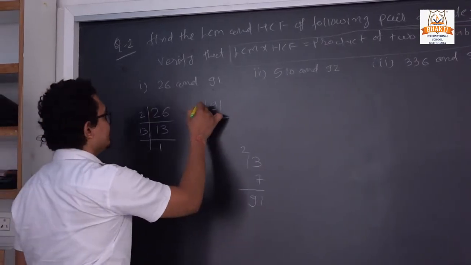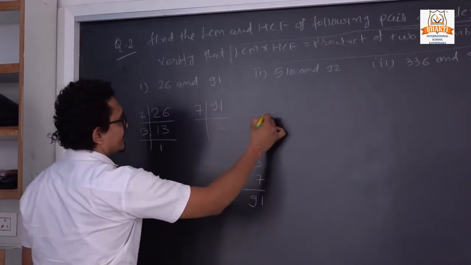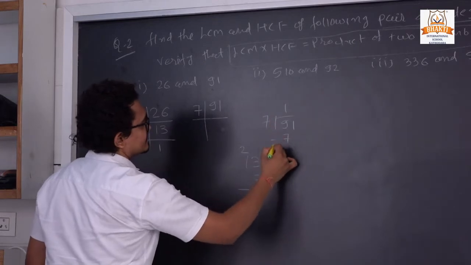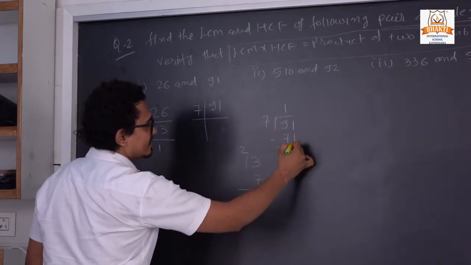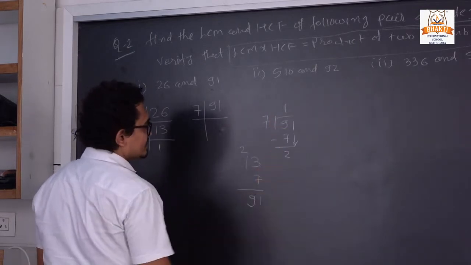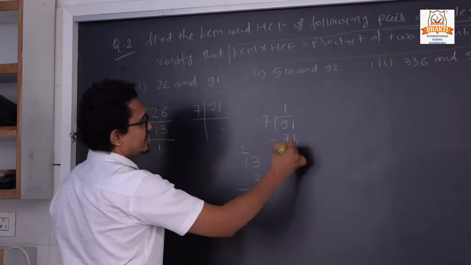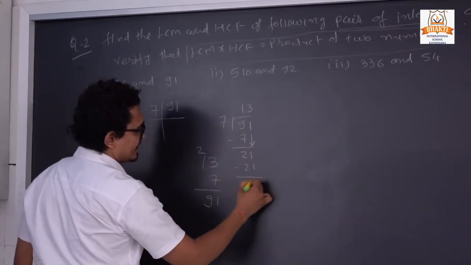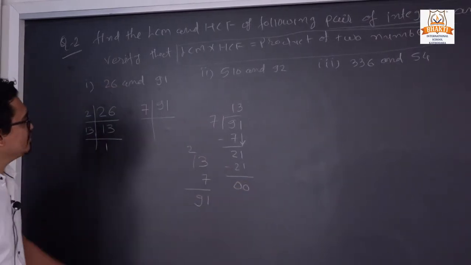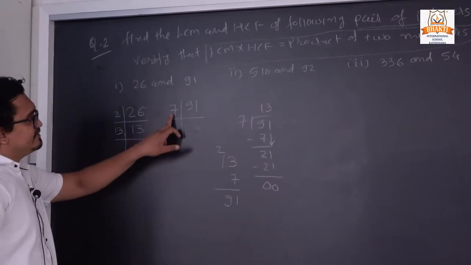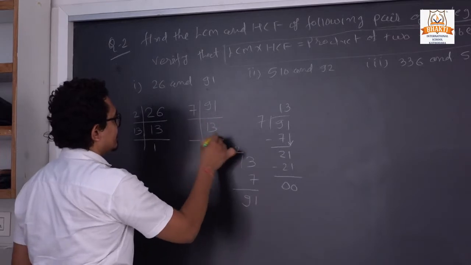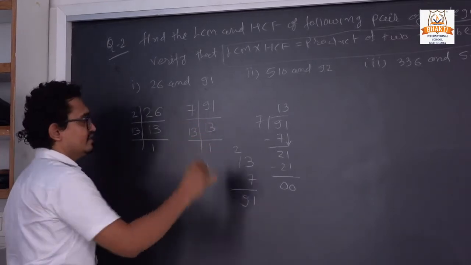So it will be divisible by 7. If we divide 91 by 7, 7 1s are 7, so we have a 2 as our carry, and 2 is our remainder, and here it will be 1. So 7 3s are 21. So now 91 is divisible by 7, and the answer is 13, and 13 1s are 13.